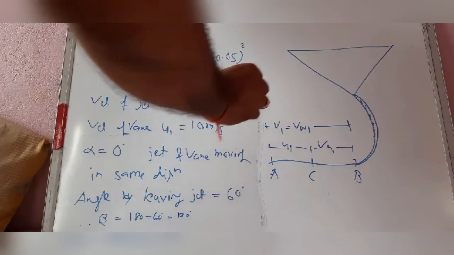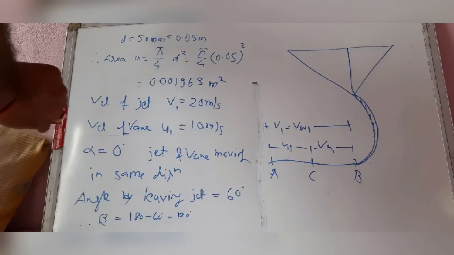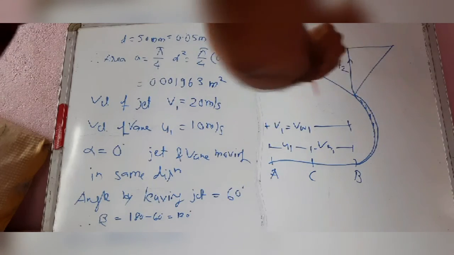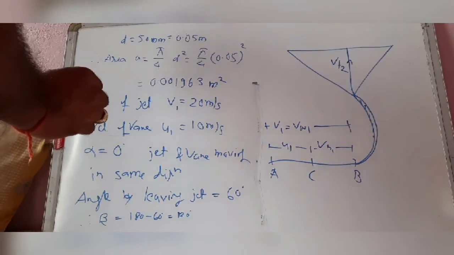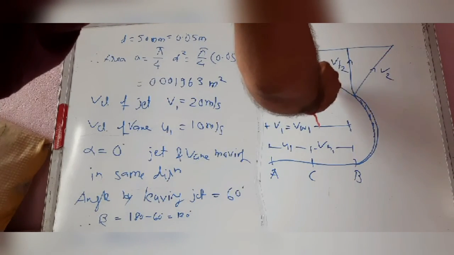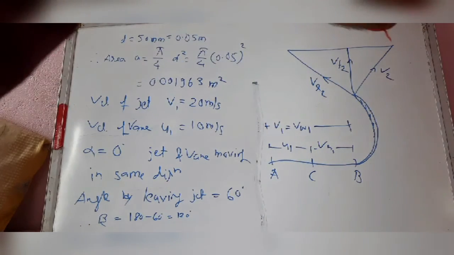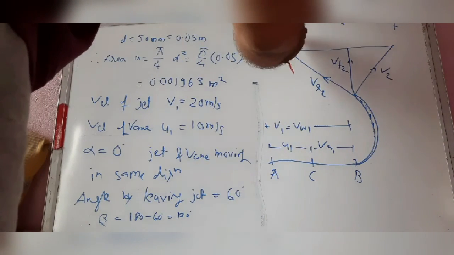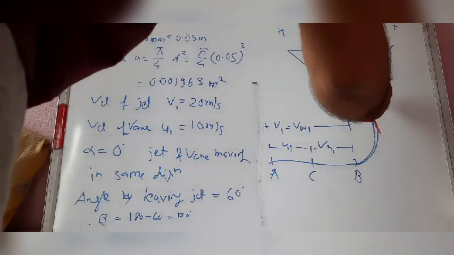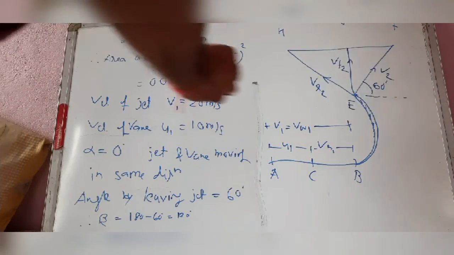At the outlet, we have VF2, V2 and VR2. This is V2 and VR2, with points E, F, G, H, and this angle is given as 60 degree.